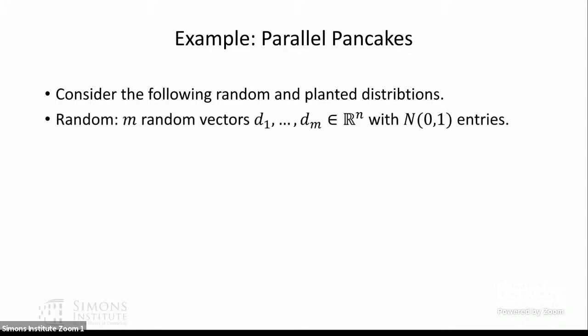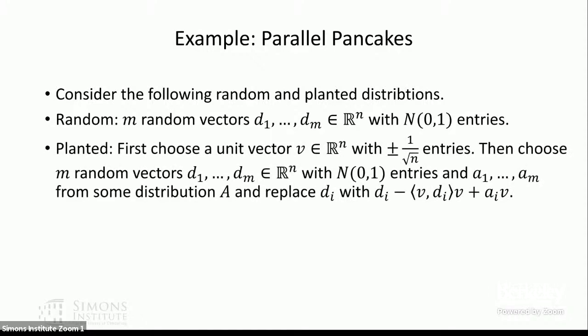Okay, so I'll now describe two interesting examples. So one is something which I've heard called parallel pancakes. Another is independent set on sparse graphs. So consider the following random and planted distributions. So in the random distribution, we have m random vectors in R^n with Gaussian entries.